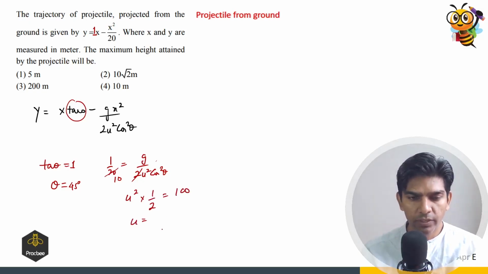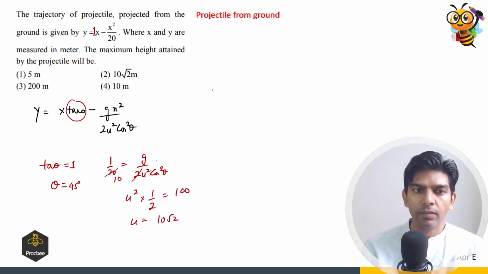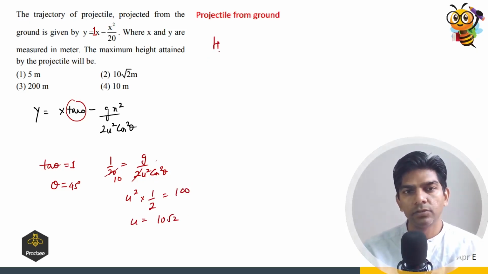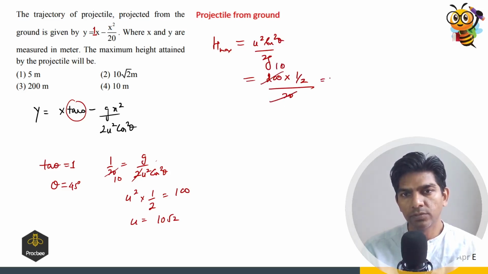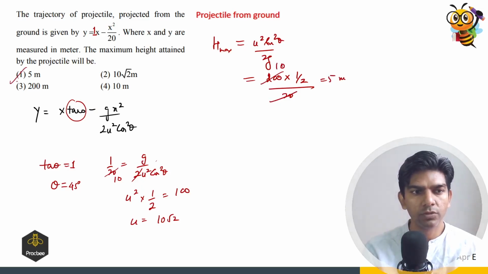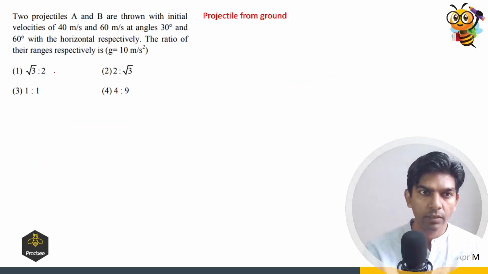So u comes out to be 10 root 2. Now let us find the maximum height. So h max is u square sine square theta by 2g. So that will be 200 times 1 by 2 divided by 20. So that will be 10... so it comes out to be 5 meters. So option 1 is the right answer.